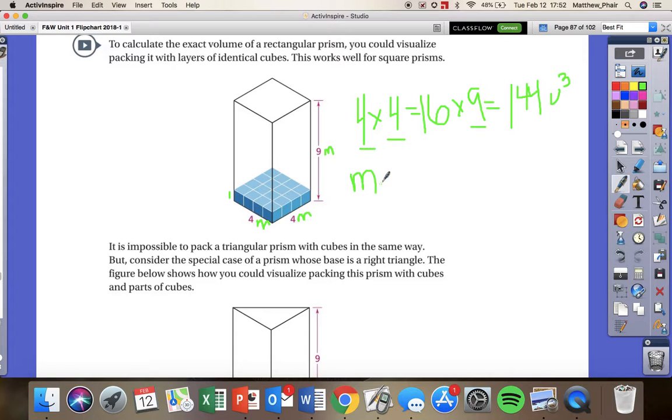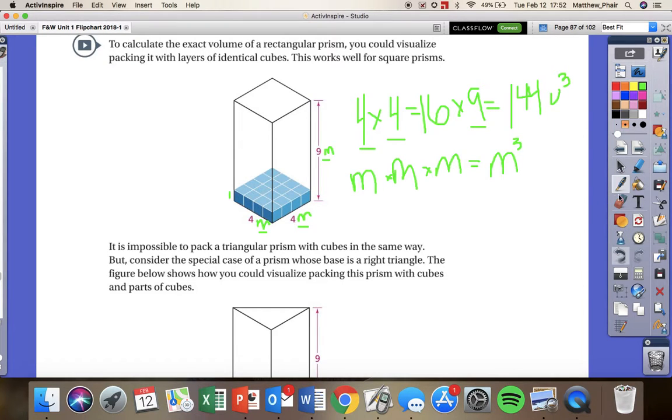And so I have meters times meters times meters. Meters times meters would be meters squared. And then meters times meters times meters is going to be meters cubed. And that's where we get the cubic units from.